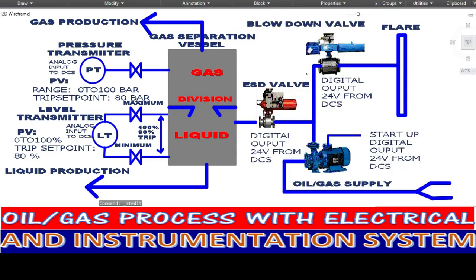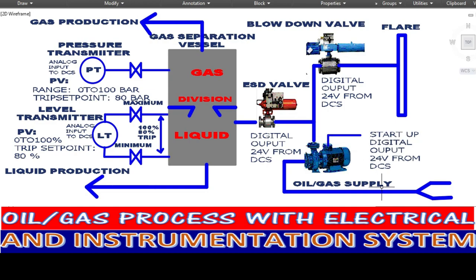This blow down valve will be open so that the pump is not shut down. The oil and gas material will continue flowing, instead of going to the gas separation vessel, which is in an abnormal condition. That's why the oil and gas process will bypass through the blow down valve going to the flare.